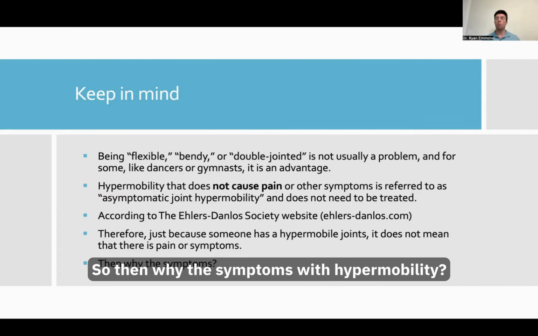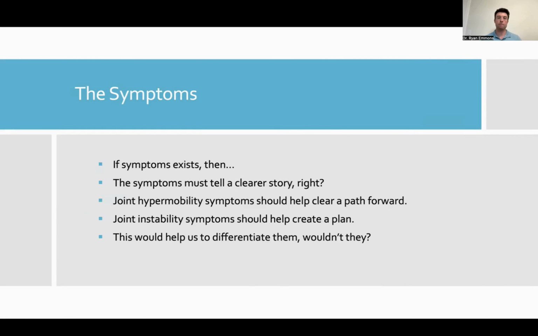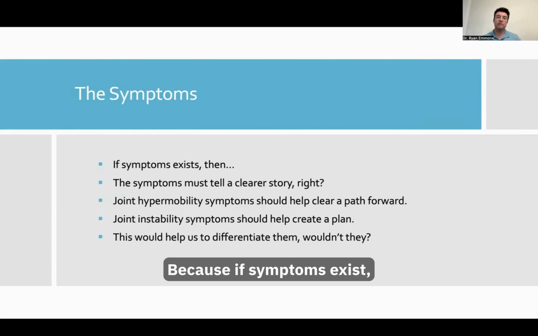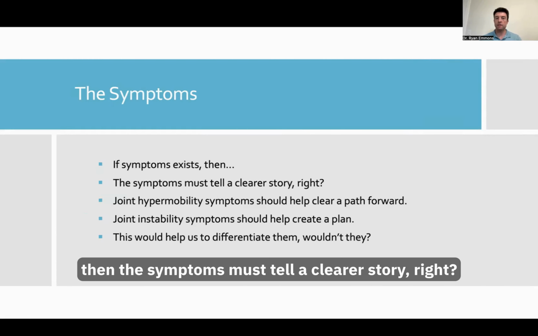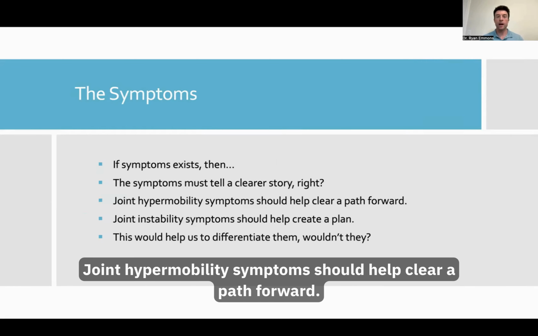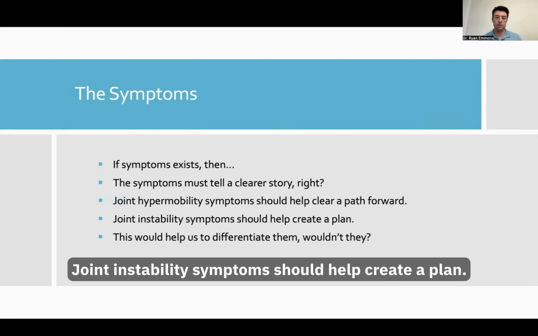So then, why the symptoms with hypermobility? Because if symptoms exist, then the symptoms must tell a clear story, right? Joint hypermobility symptoms should help clear a path forward. Joint instability symptoms should help create a plan.